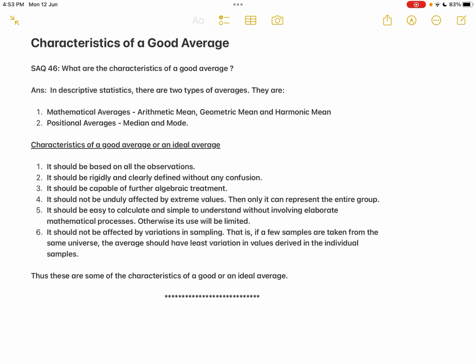Further mathematical calculations are possible with the help of the arithmetic mean. But in case of median and mode, there is a drawback, because they are not useful for further algebraic treatment.